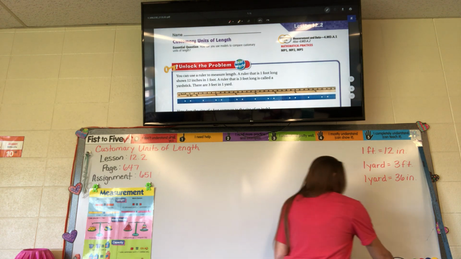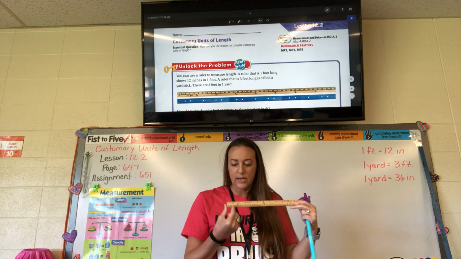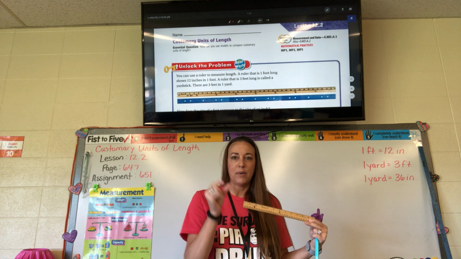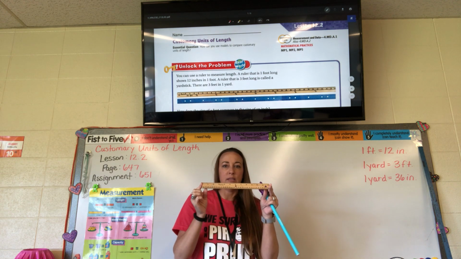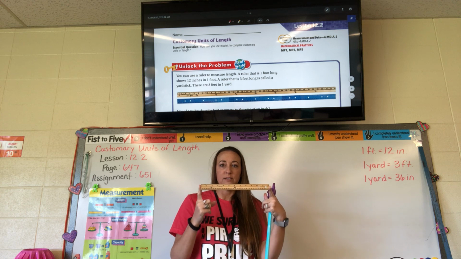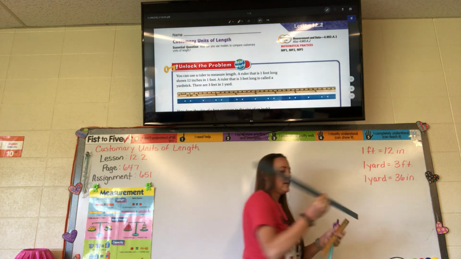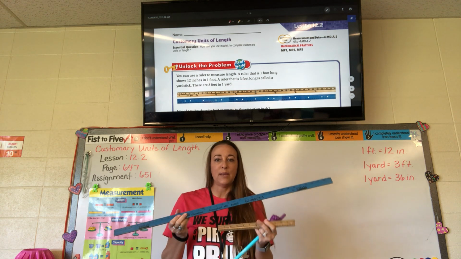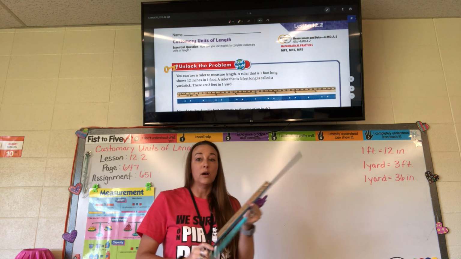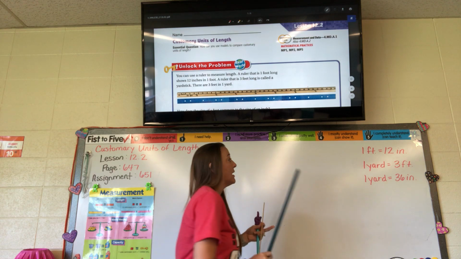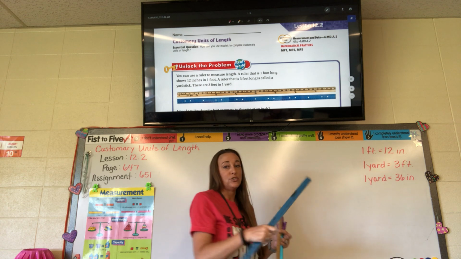So on a ruler, 1 inch is about that much, okay? And then a ruler is made up of 12 inches, and then a yardstick is made up of 3 rulers, because in 1 yard, which is this guy, there's 3 feet or 36 inches.